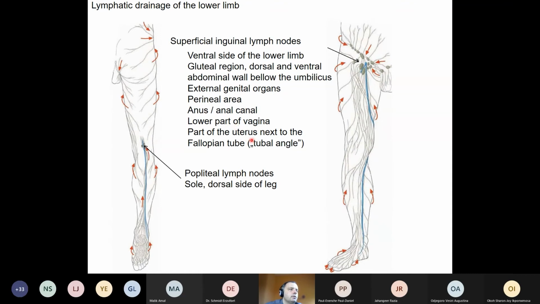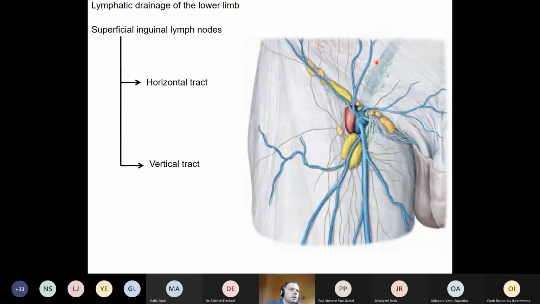And the uterus may come into question. There is a certain little area of the uterus next to the fallopian tube, the so-called tubal angle, which may carry some lymph fluid into this area, so that has to be checked also. So this is the checklist of what you have to examine if you see enlarged superficial inguinal lymph nodes, to get a diagnosis. Why is this lymph node group enlarged?